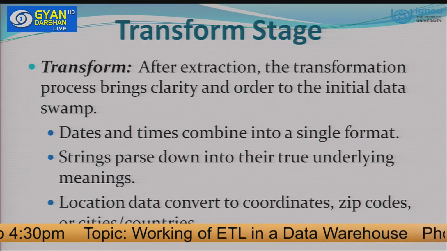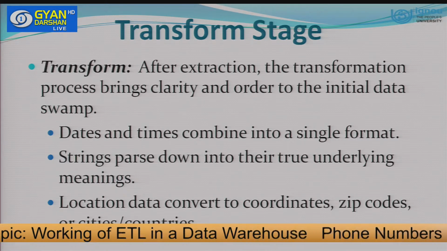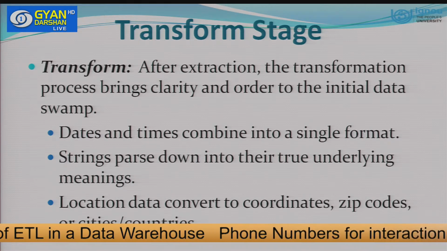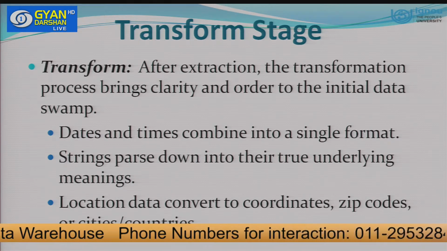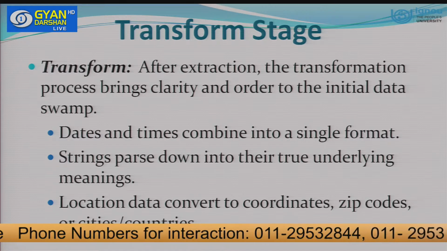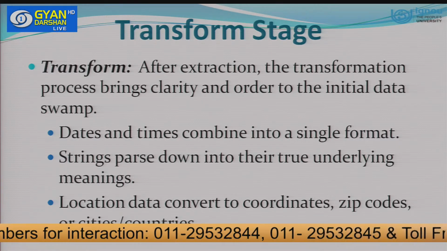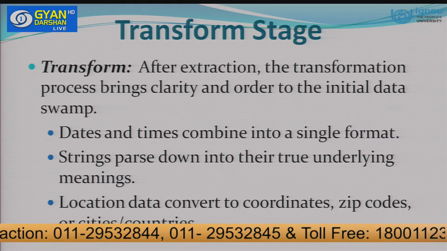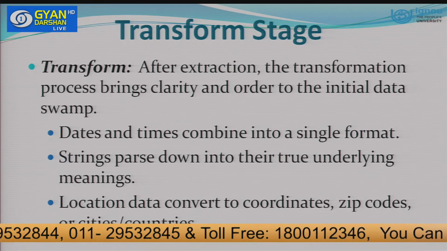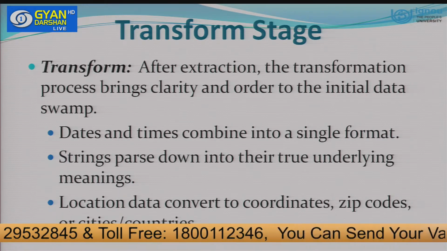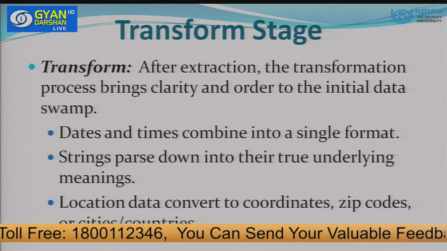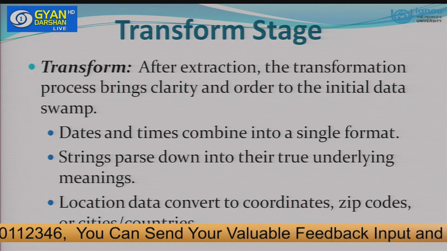There are raw files, flat files, unstructured data, partially structured data, and fully structured data. You have to transform this data in a way that brings clarity and order to the initial data swamp.